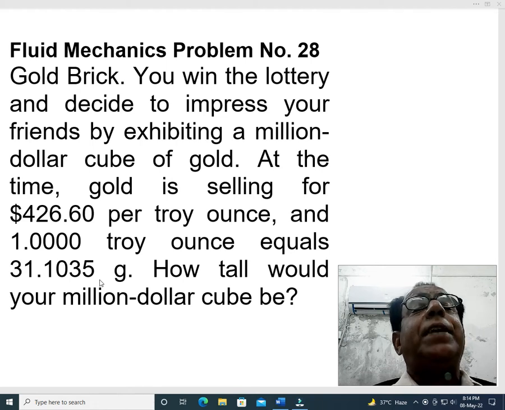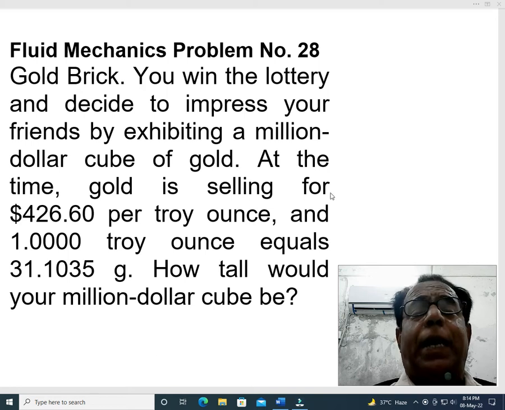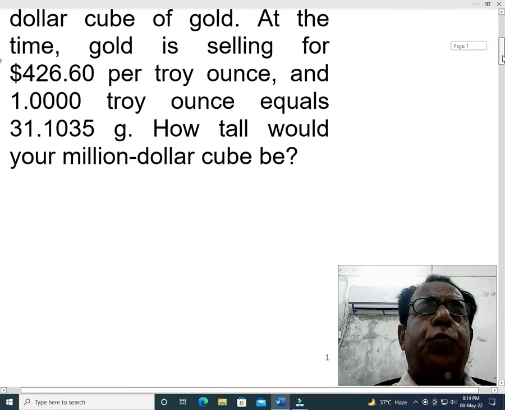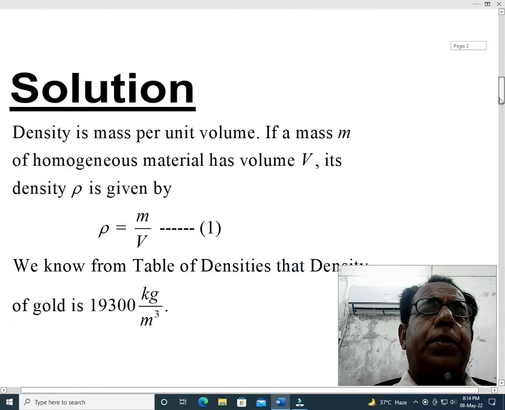In this way we will find the mass. Anyhow, we move towards the solution.